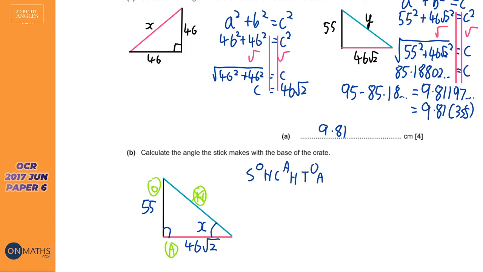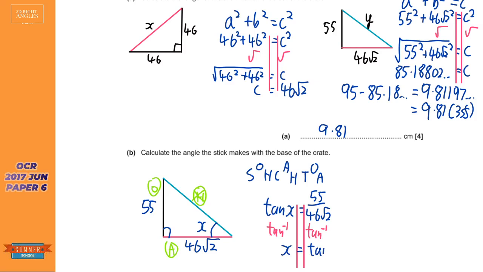And so we're going to be using tan, so it's going to be tan x equals the opposite, which is 55, over the adjacent, which is 46 root 2. Then we're going to inverse tan both sides. And then we've got inverse tan of 55 over 46 root 2.